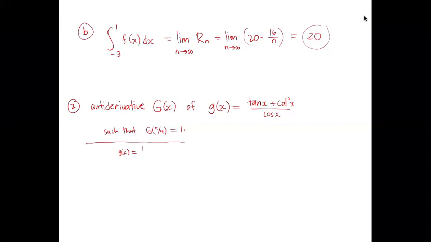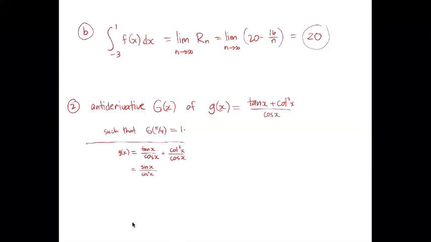So we rewrite this as tangent of x over cosine of x plus cotangent squared of x over cosine of x. What's tangent? Tangent is sine over cosine. So we can rewrite this as sine x over cosine squared of x.